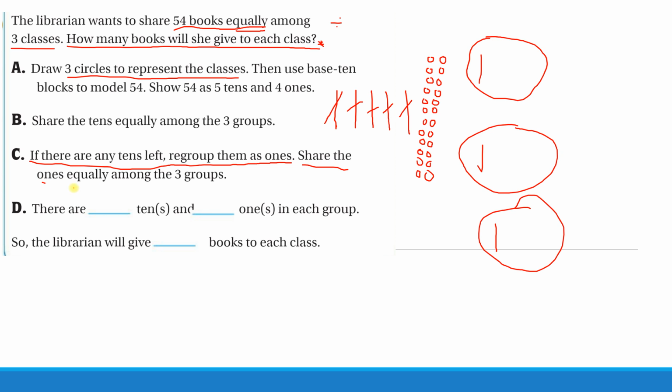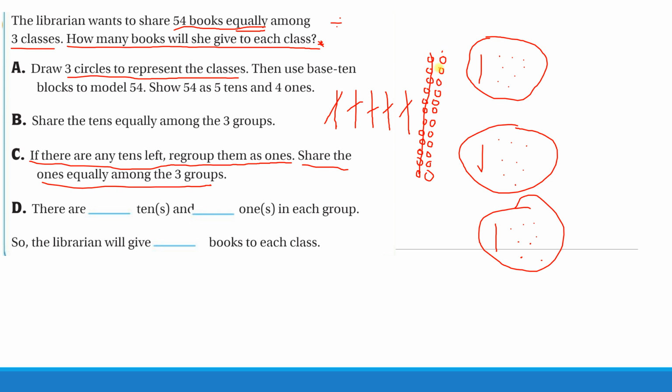Now share the 1s equally among the 3 groups. So let me count how many I have first. 2, 4, 6, 8, 10, 12, 14, 16, 18, 20, 22, 24. So I've shared all of these.